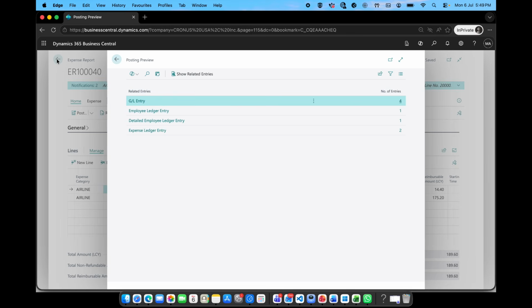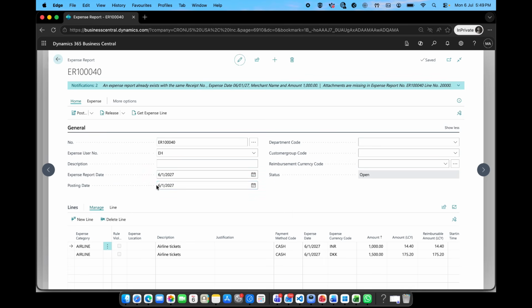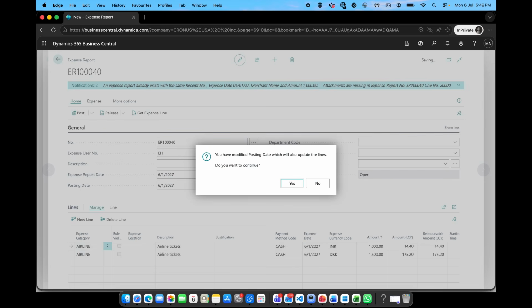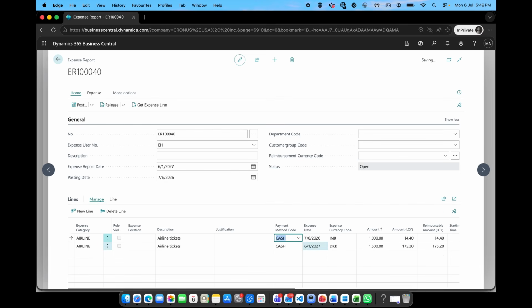Now let's try to change the scenario a little bit. So what I'm going to do here is, expense posting date was 6/1/2027. So I'm going to change it to, let's say, let's see, what is today's date? I'll make it 2026 here, and then I'm going to make this one slightly before that.